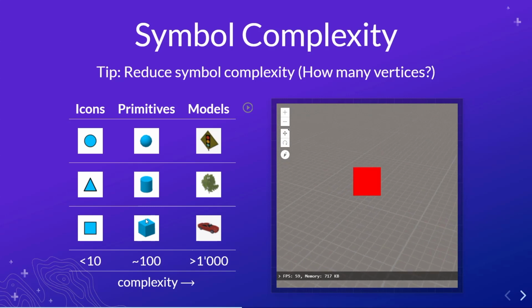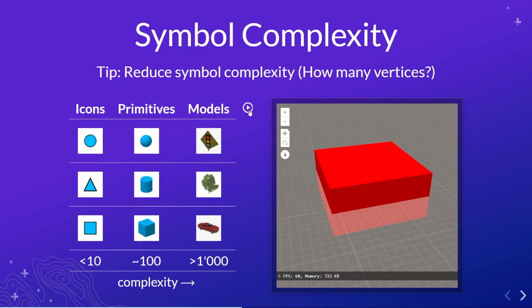To avoid rendering too many vertices, the web style symbols come with different level of detail representations. Choosing the total number of rendered vertices that is optimal for the scale of your current view is performed automatically by the API if you use these web style symbols.